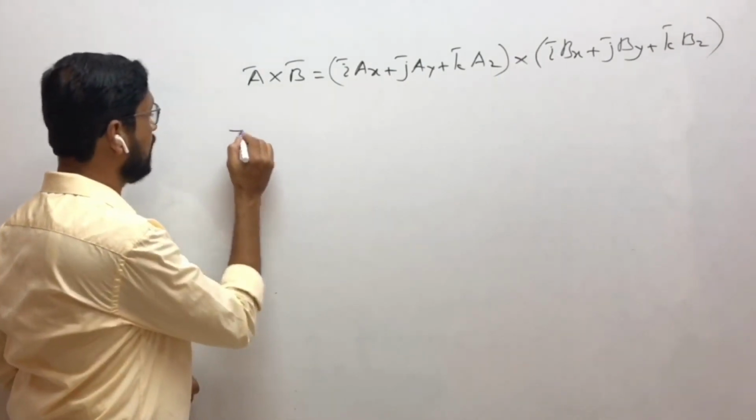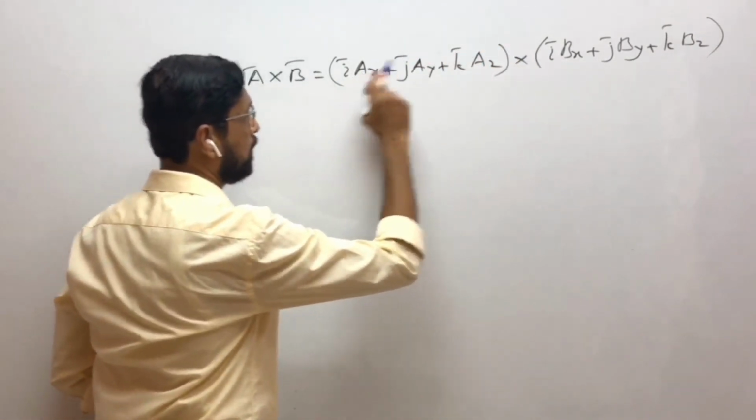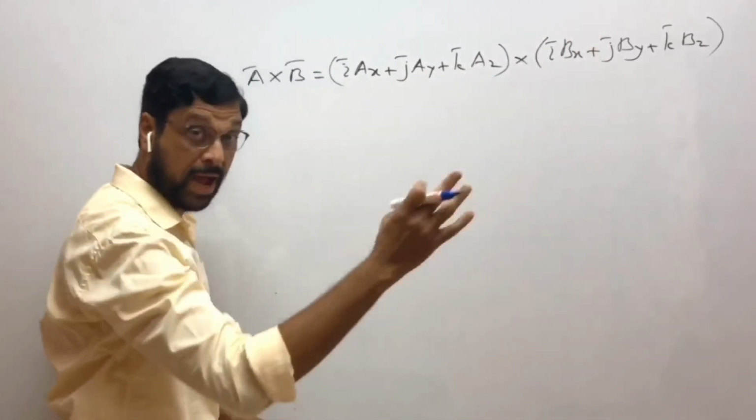So this will be equal to, first we multiply this with this, then this with this, and so on, one by one.